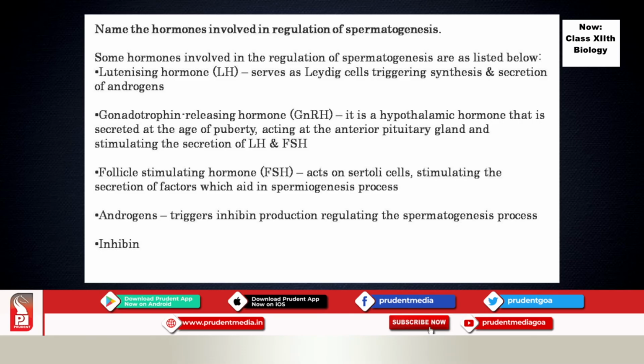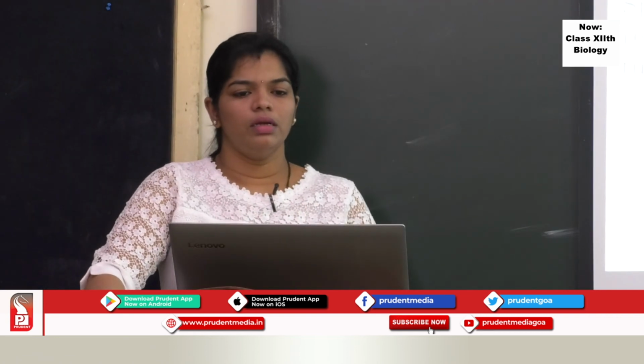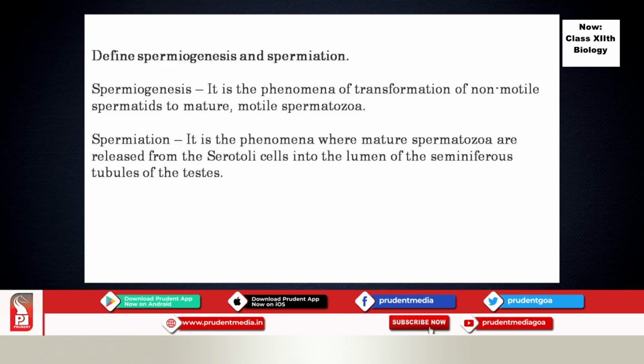The next is the hormones. Name the hormones which are involved in the regulation of spermatogenesis. The hormones mentioned are luteinizing hormone, gonadotrophin, follicle stimulating hormone, androgen and inhibin. The functions of each are mentioned here. Definition of spermiogenesis and spermiation, very important, students.